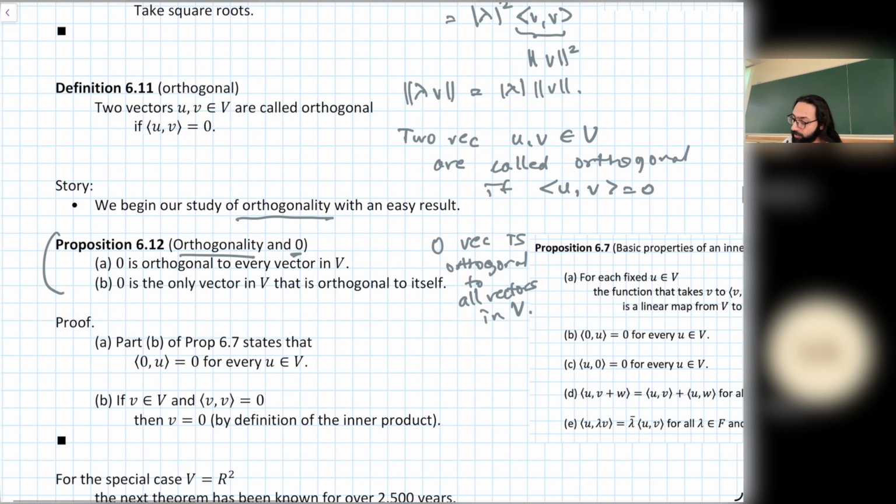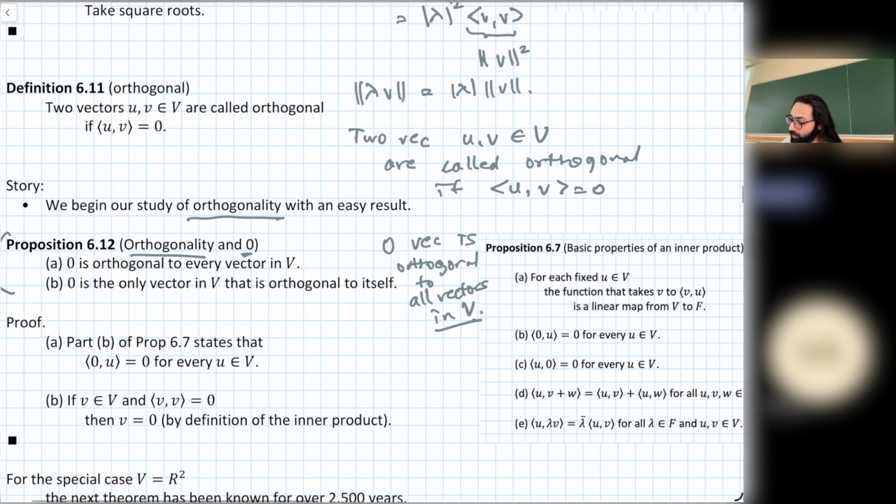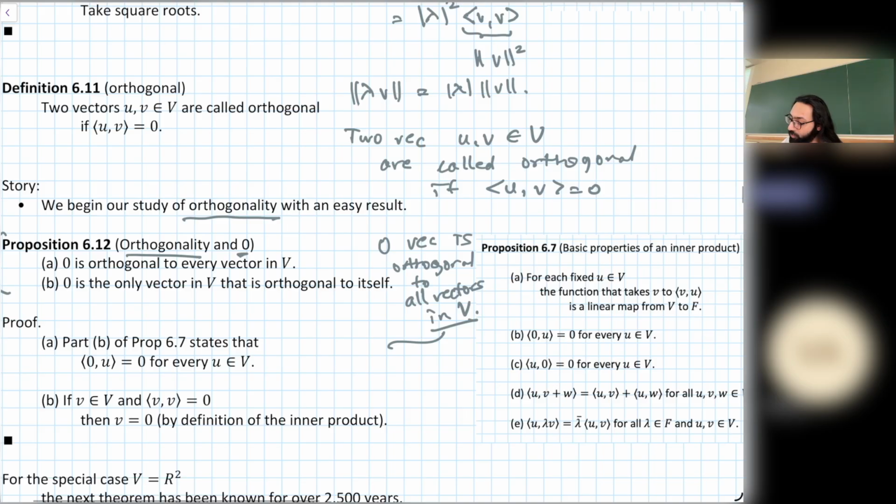We haven't proved it yet, but let's see how we would prove it. To prove this, what do you have to show? You have to show that the inner product of 0 and v is 0. That's the definition. But remember this, we just proved it. How did we prove it? We said that this map is a linear map, and linear maps send 0 to 0. So this is actually true.